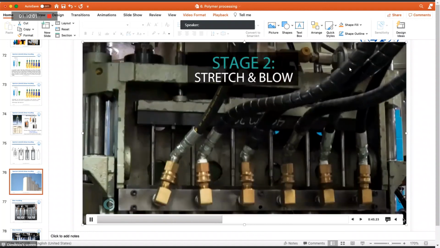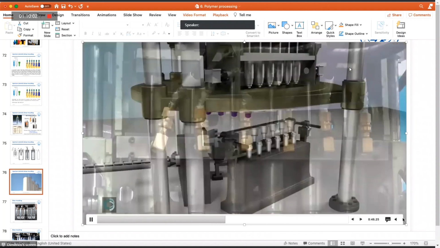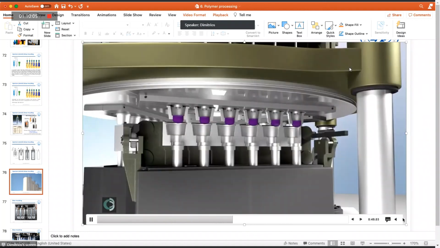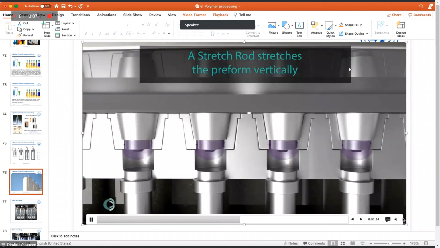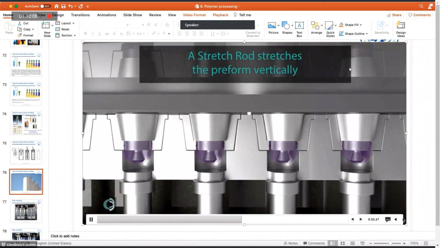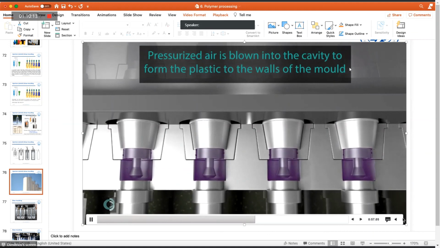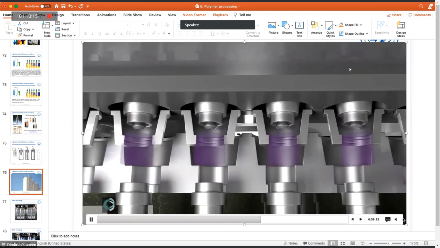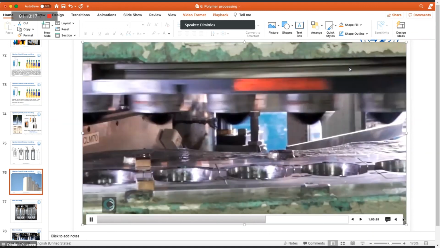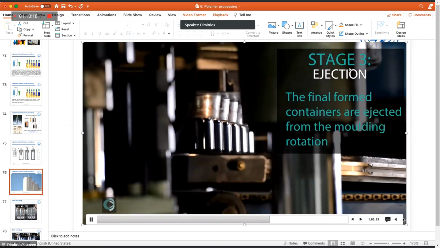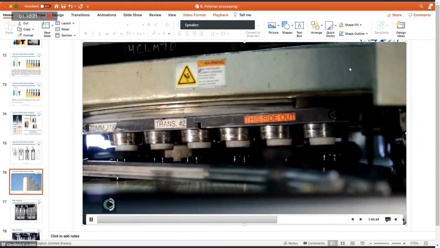Again, quality check the same as previously. You can see if air escapes, the materials are rejected. Okay, the end product is rejected, and you can see how fast the blow molded products are produced. Okay.